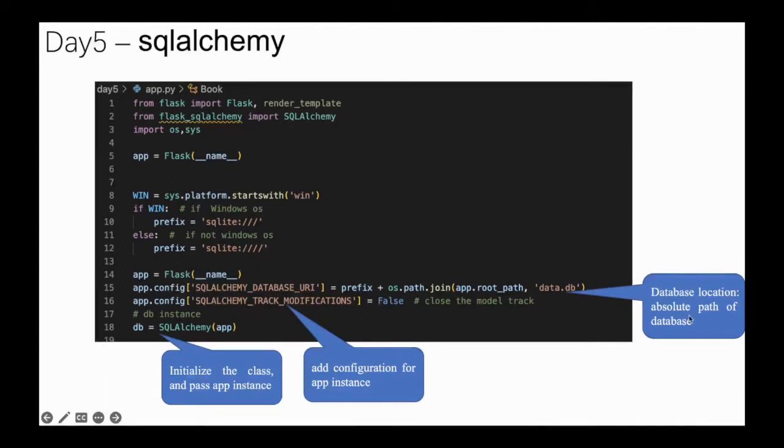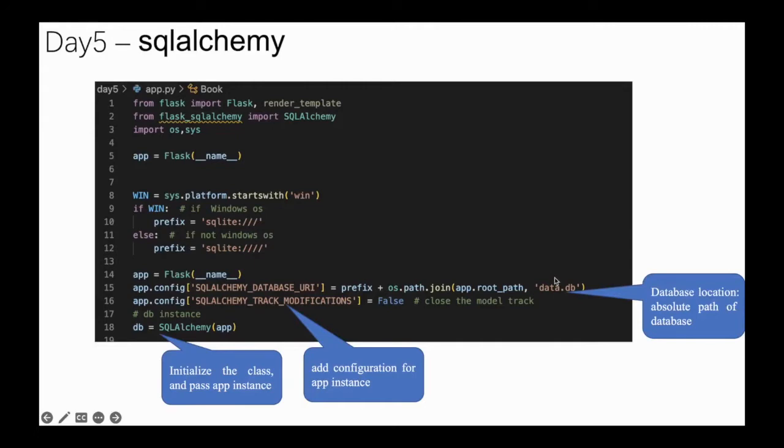Actually, you need to use the absolute path. In Windows, you use the sqlite:/// kind of line, and on macOS, for me, I use this path, plus os.path.join and the app's root path.